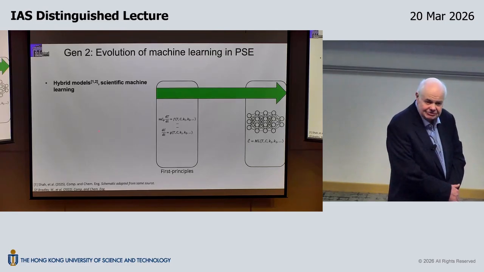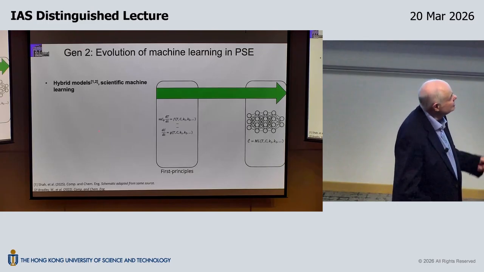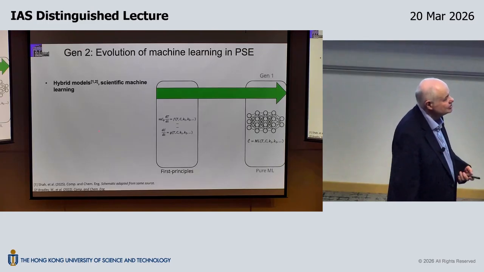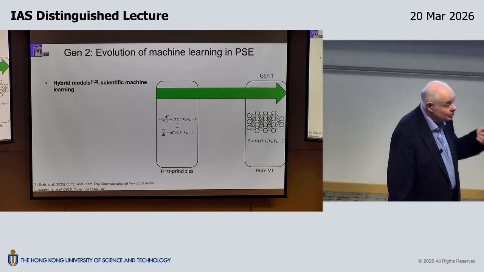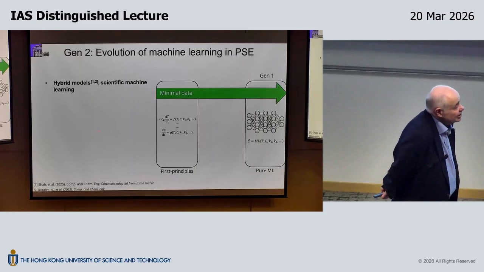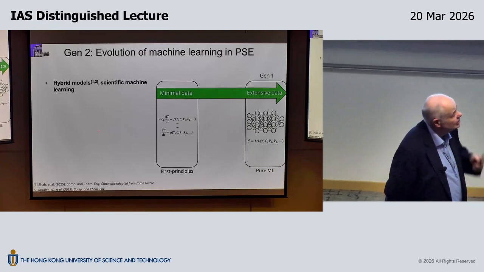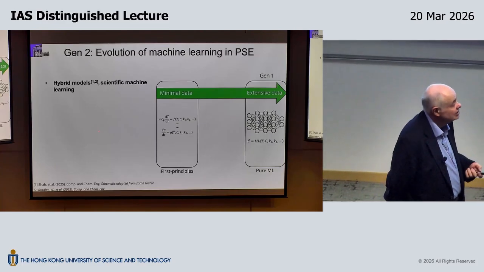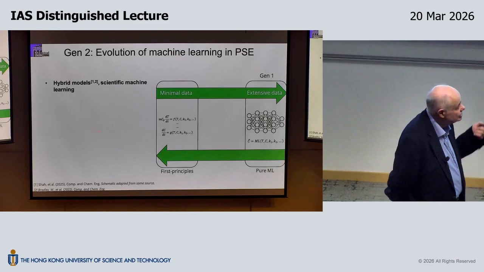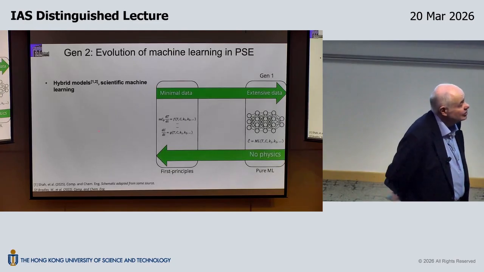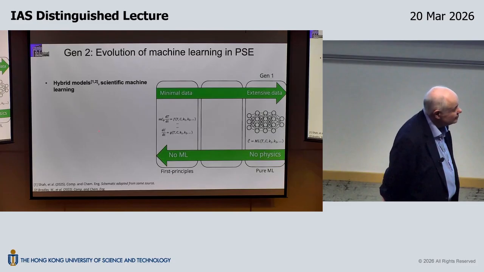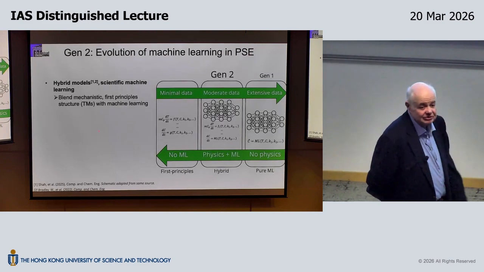Now I'm going to say, great, suppose I have something in between, okay? So if I have a pure ML and I know some physics, then I can basically have something in between. Instead of going from minimal data to extensive data, or going from a pure ML to first principles, I'm going to go for something that has some physics and requires a moderate data set, okay? That's what I'm going to do.